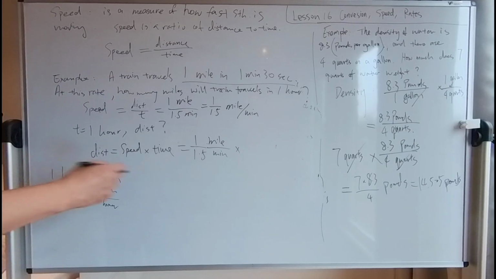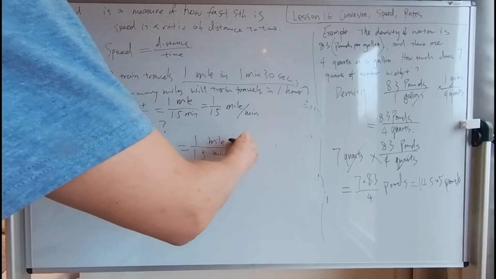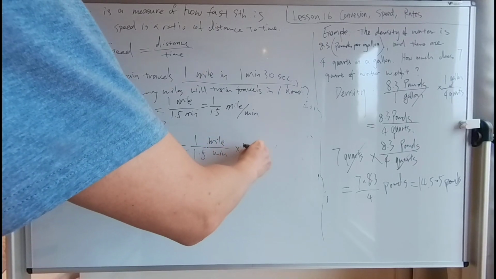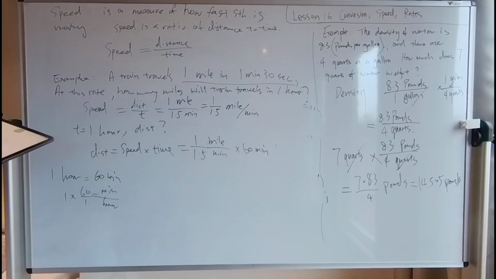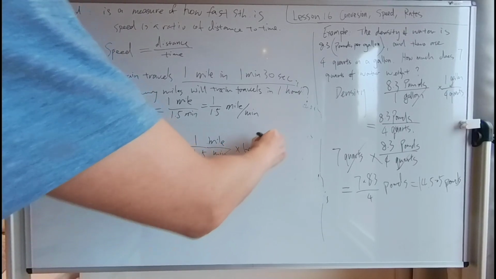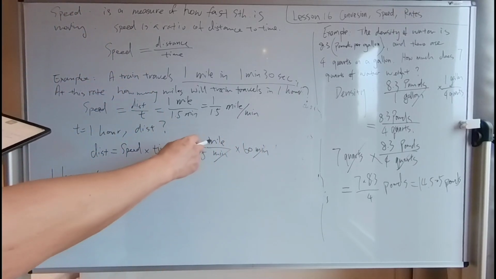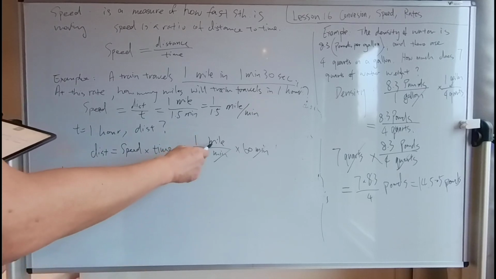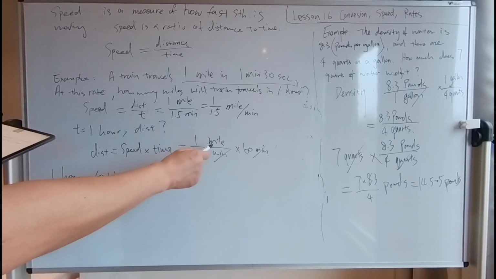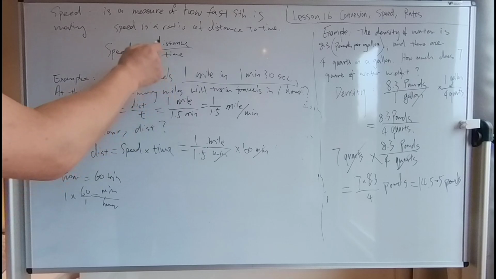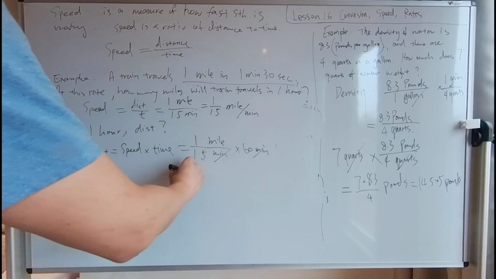But anyway, in this case it's simple because 1 hour is 60 minutes. Now the minutes can be cancelled out, and it shows that eventually my result should only have the unit of mile, and mile is the measurement of a distance, so it should be correct.